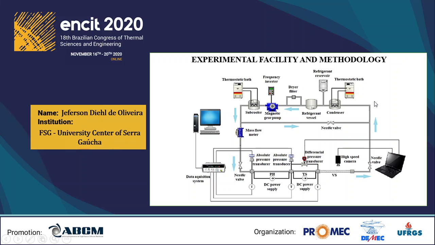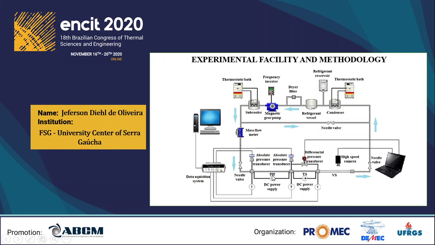And the main part of the loop has a preheater, a test section, and a visualization section. The preheater, in this case, established the experimental conditions entering the test section immediately downstream.